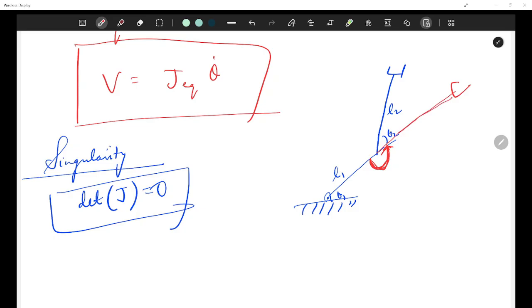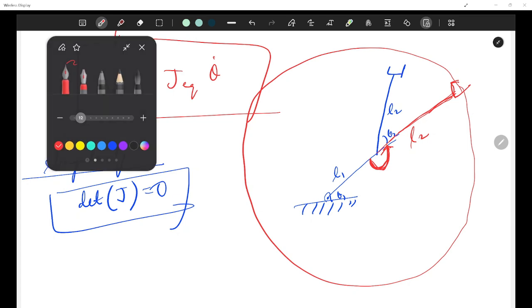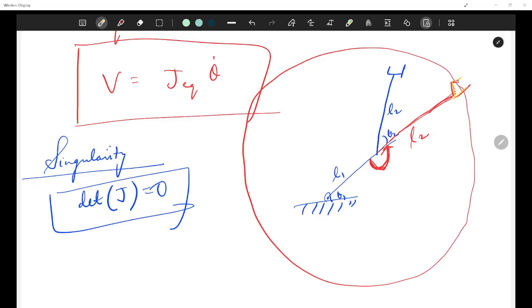Now the workspace that it was going to cover was this. Now it is completely in a straight line, both the links are completely in a straight line. Then what is going to happen? Would this end effector be able to move in this direction?